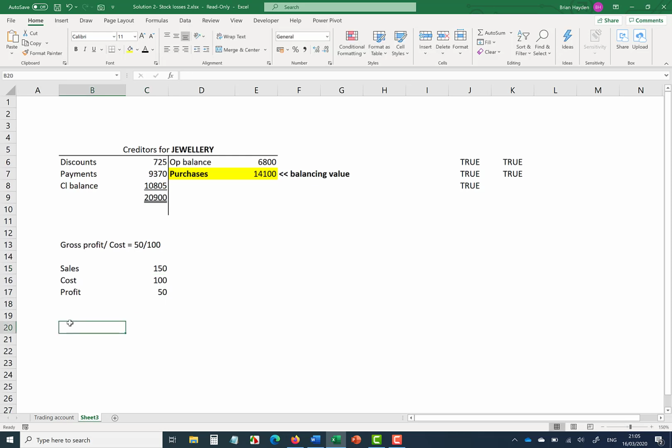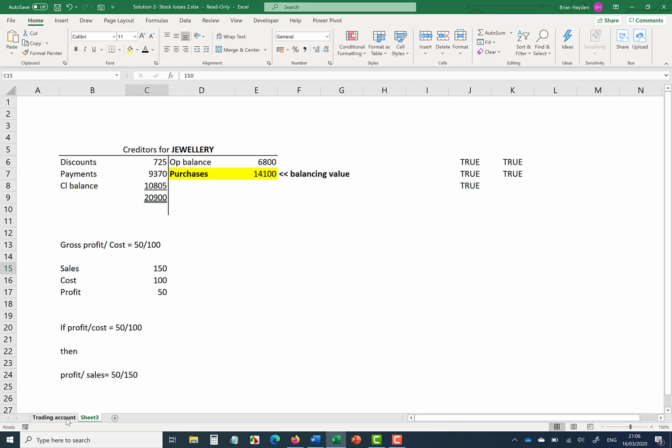So the result is that if profit divided by cost is equal to 50 divided by 100, then it's the same thing as saying that profit divided by sales is equal to 50 divided by 150. So the profit amount divided by the sales amount is equal to 50 divided by 150.